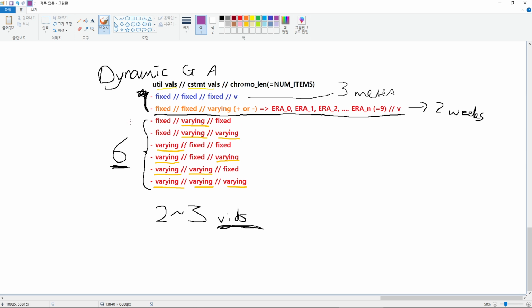So maybe for this setting, the constraint values are varying, and when that is done, all the summed utility values and the summed constraint values of all the entities that existed in this setting would be calculated to find any chromosomes that are 2865, or maybe, if I get lucky, above.